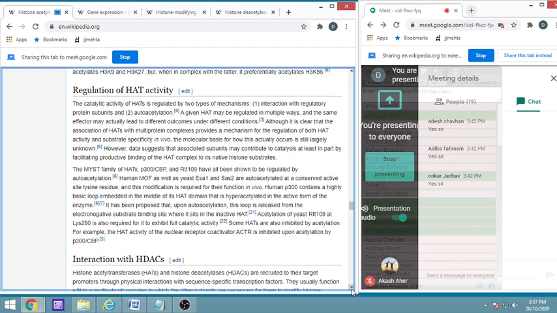These acetyltransferases can be regulated in multiple ways, and the same effector may actually lead to different outcomes under different conditions. This is very important. The acetyltransferase enzyme is regulated in multiple ways, meaning there can be many molecules which can be increasing or decreasing, stimulating or inhibiting it.